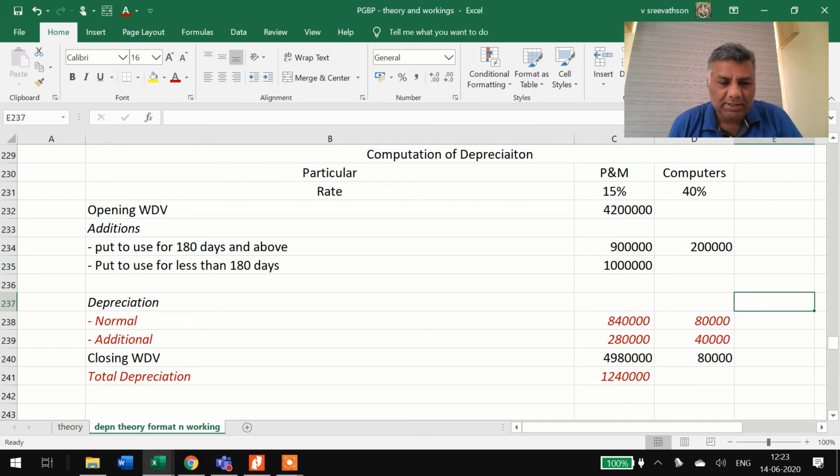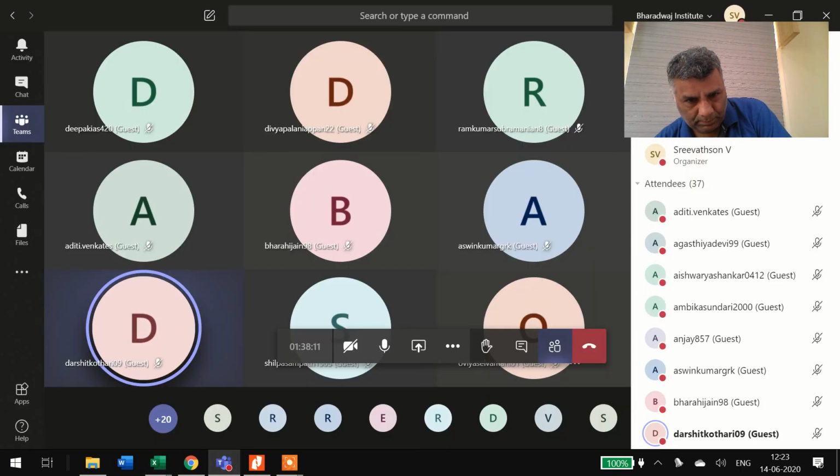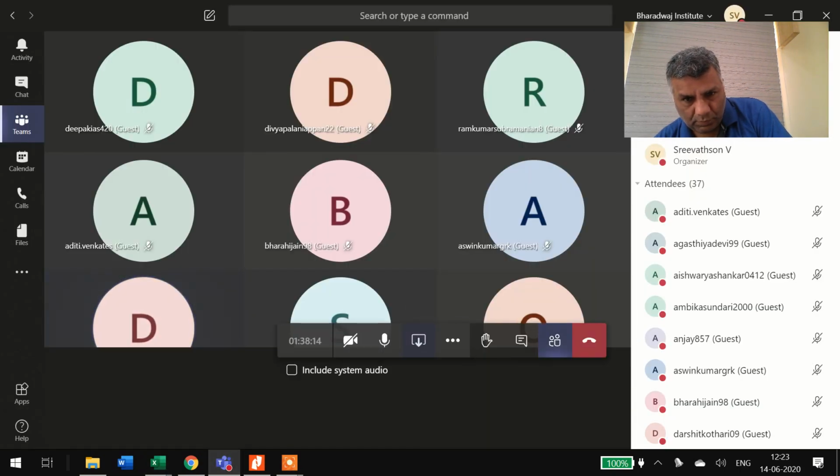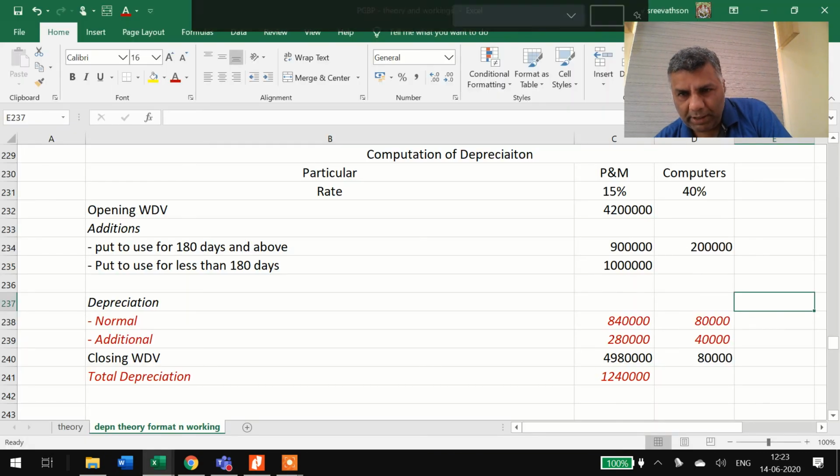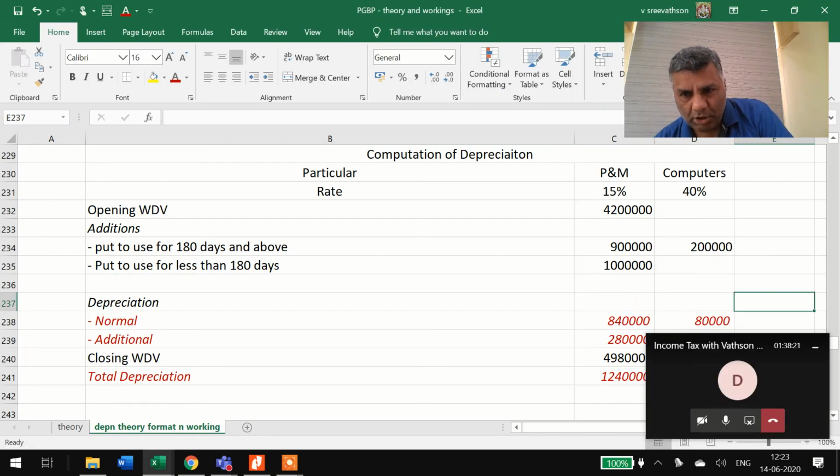What are your answers? 8.4, 2.8, 0.8, 0.4 for additional, sir. Computer. And I have worked it in absolute values, so accordingly, you can check.